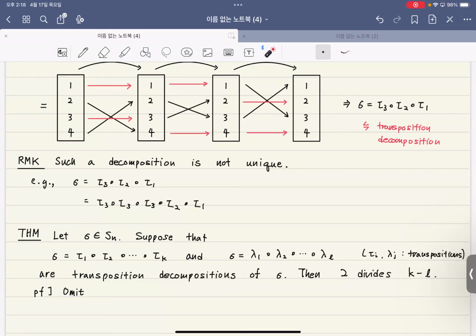Right? It's kind of getting confusing, so let me repeat one more time. The parity of the number of transpositions that appears in the transposition decomposition is well defined.